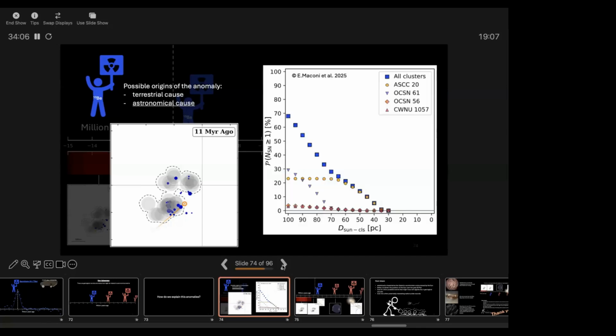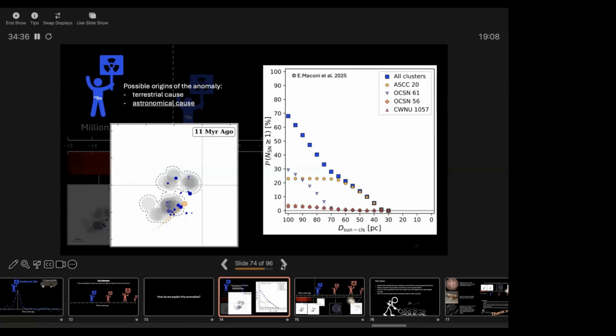And what we did was essentially to compute the probability of having at least one supernova explosion. And you don't have to go through this plot, but essentially on the x-axis, you just have the distance between the sun and the stars. So this means that they are very close, and this means that they are farther away. And on the y-axis, you have the probability of having a supernova explosion.